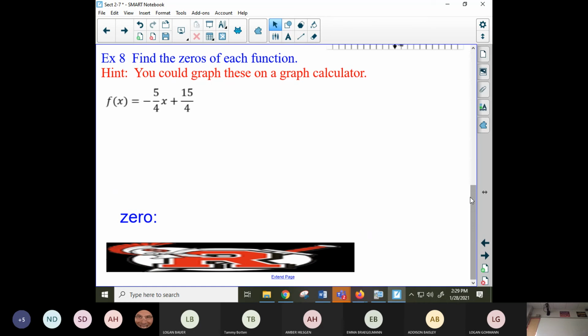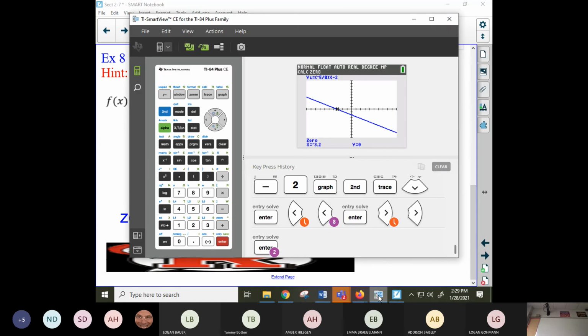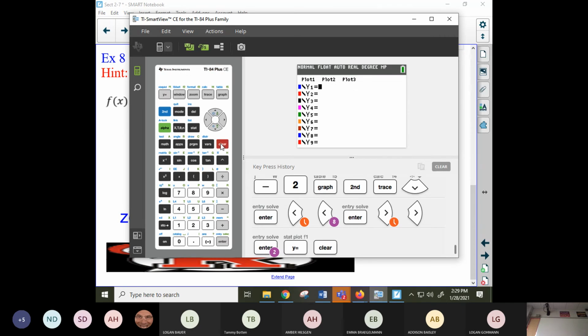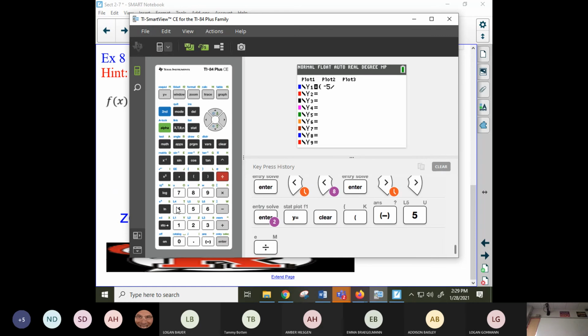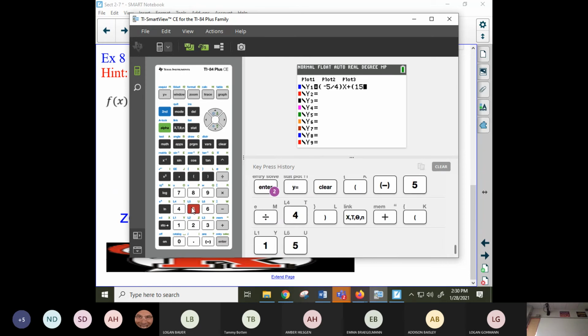Let's try this one that has 2 fractions, just so I can show you how you would do that on a graphing calculator. Let's go to y equals, and let's clear it. We are gonna type in parenthesis, -5 divided by 4, parenthesis. That's for the -5/4. Then we're gonna hit X, and then plus, and we're gonna put 15/4 in as a fraction also. So parenthesis, 15 divided by 4, parenthesis.